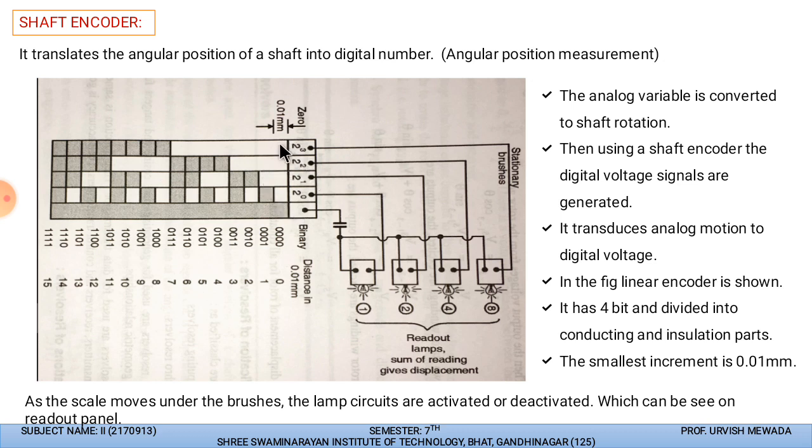The light which does not penetrate is called 1, and the light which can penetrate is called 0.